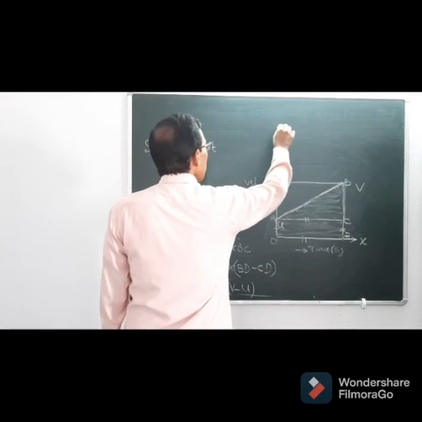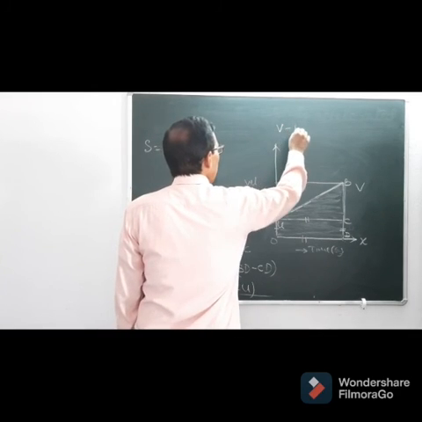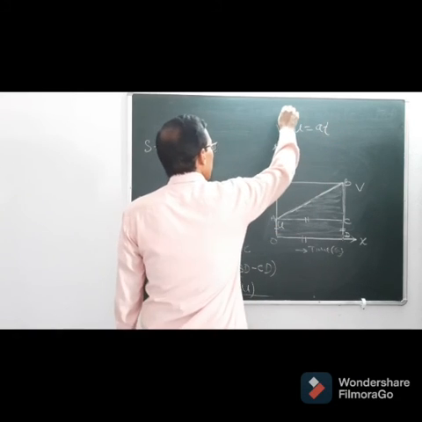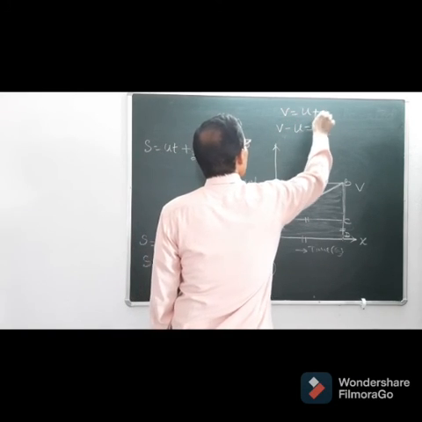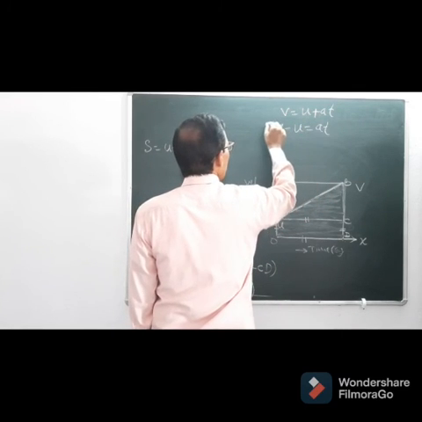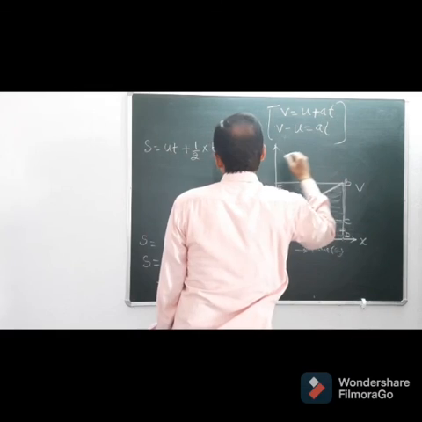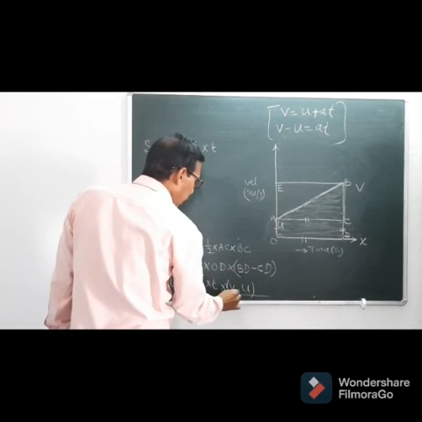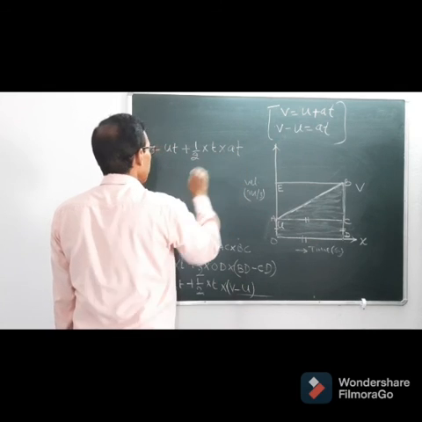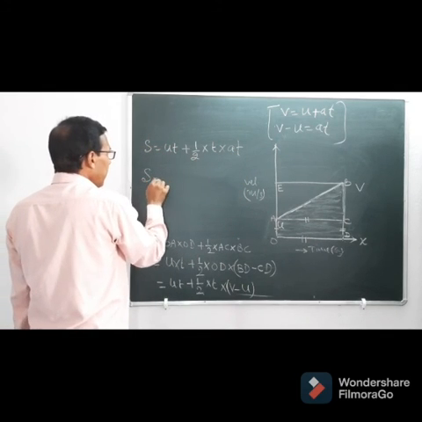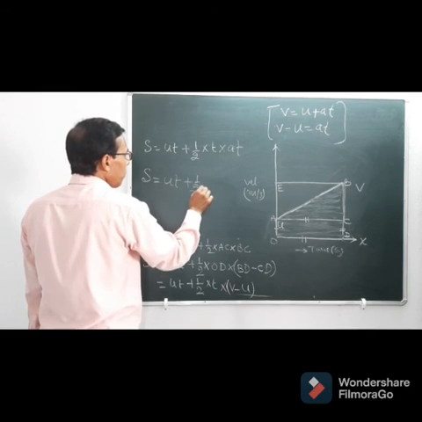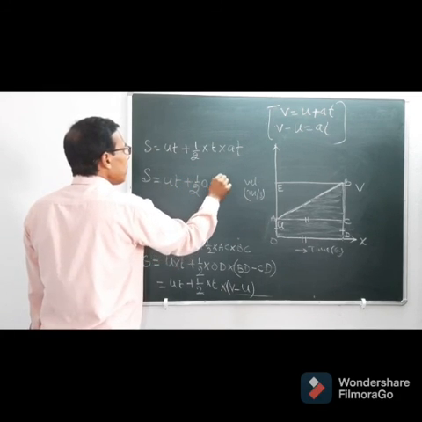All of you know that V is equal to U plus at. So V minus U is equal to at. Here, in place of V minus U, we can write at. So finally we get S is equal to ut plus half at square.